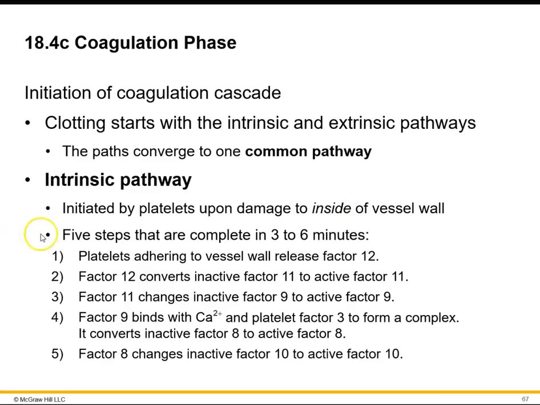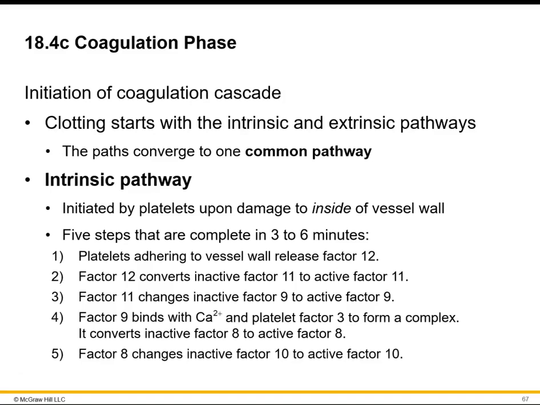So the 5 steps of the intrinsic pathway: you get platelets that adhere to the vessel wall, and what they do is they release factor 12. Factor 12 converts inactive factor 11 to active factor 11. Factor 11 then changes inactive factor 9 to active factor 9.